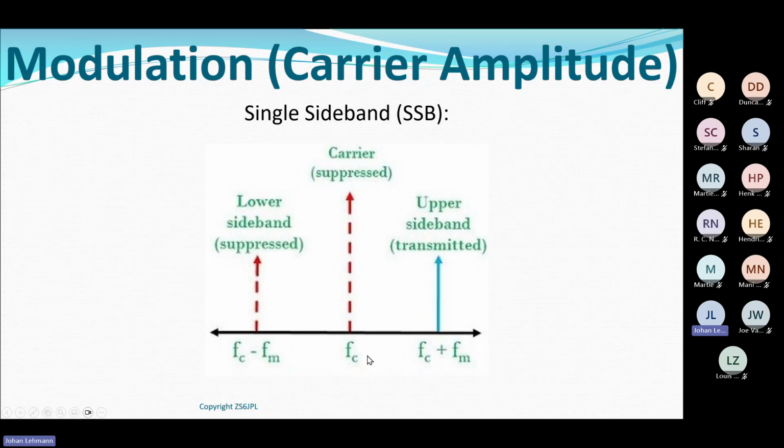So I filter out the carrier and I filter out one of the sidebands, and the only thing that goes to my antenna is one of the sidebands, in this case, the upper sideband. So all my energy, everything that my radio is eating up in terms of power that's going down the coax to the antenna, gets radiated if I have a perfectly resonating antenna. I've got rid of wasteful and fruitless expenditure. Okay, that's single sideband.